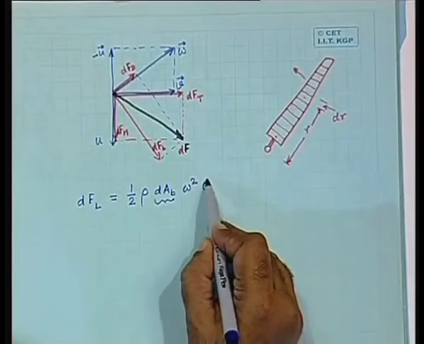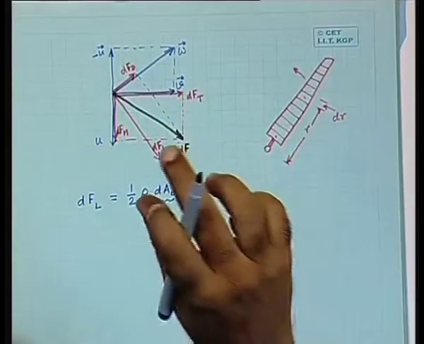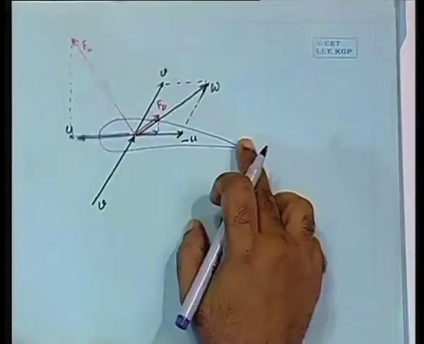This lift coefficient depends on the shape of the blade, the roughness of the blade and things like that. So essentially that depends on when I drew this particular shape.